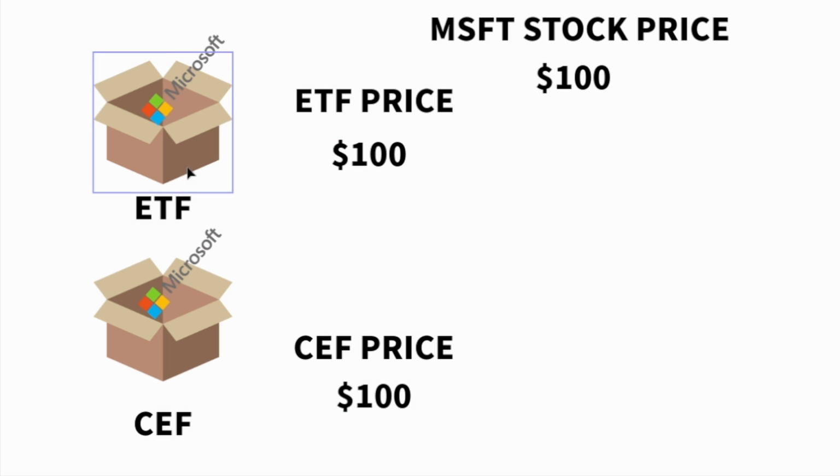Now, in an ETF, the amount of shares outstanding is always changing, whereas in a CEF, it is not, unless they do a capital raise to take more capital in. But let's just say the amount of shares in this CEF doesn't change, but the ETF shares can change, and I'll show you how.